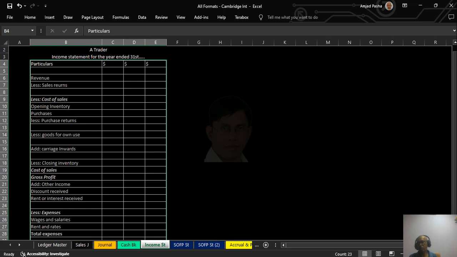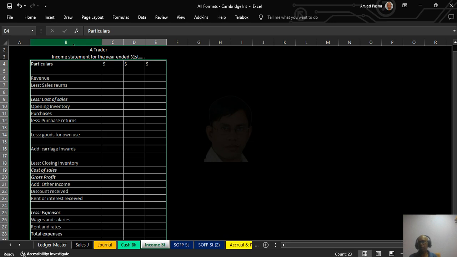If different people wrote accounts in their own way, users of accounts, like any person interested in investing in a business, may not be able to easily find what they need. That is why everyone has to follow certain rules and the particular order. This order is known as format. Format means you have to write it in this way only, and not in any other way.